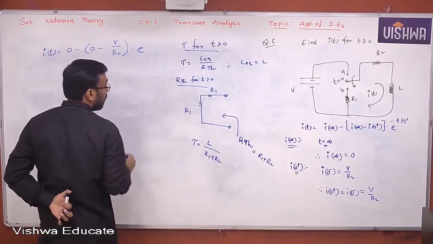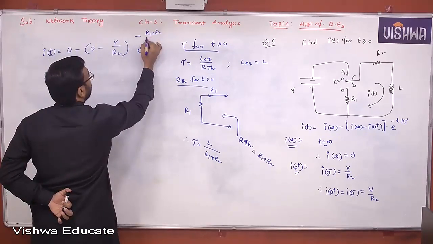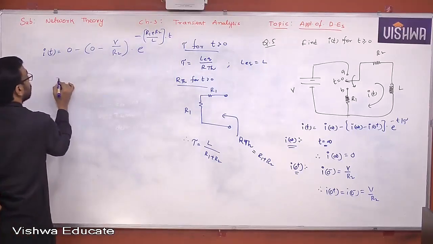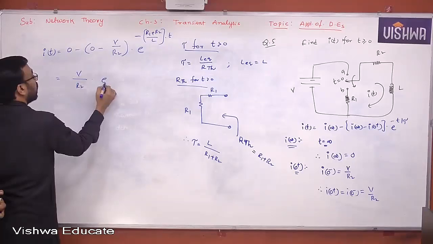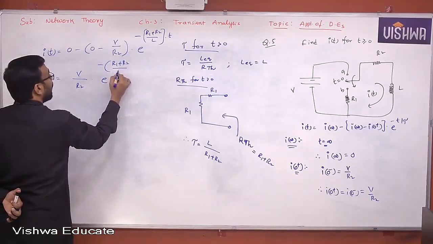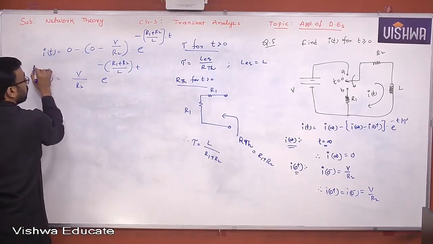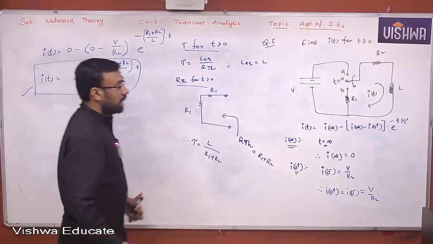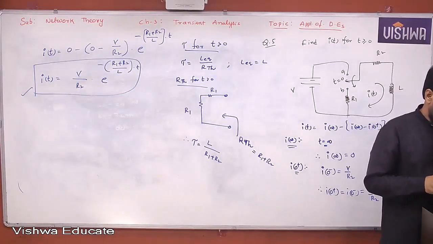So it will now be minus of (R1 plus R2) by L into V by R2, into e power minus of (R1 plus R2) by L of t. This is the I of t you get. Understand all of you? So this is how you can solve the problem.